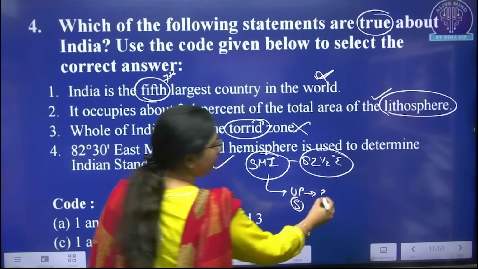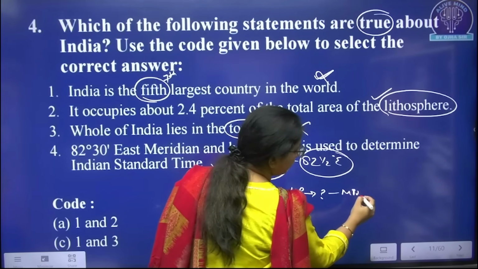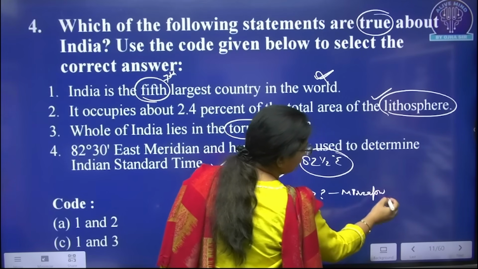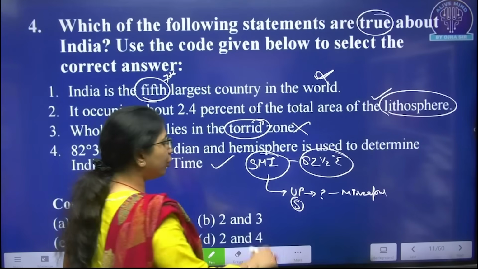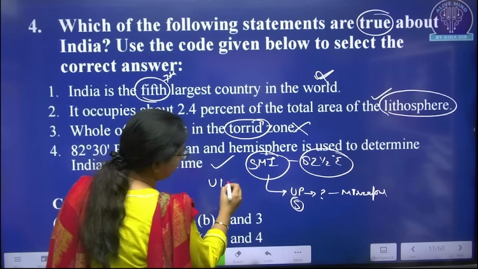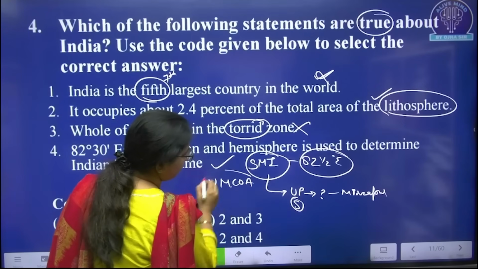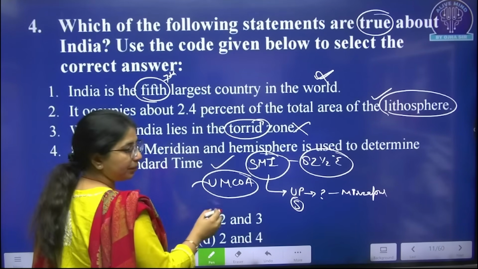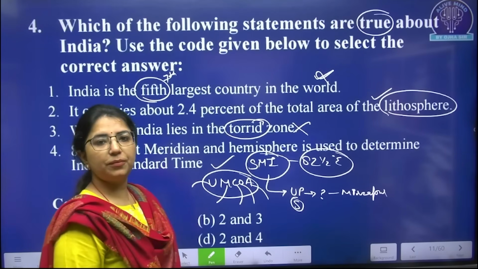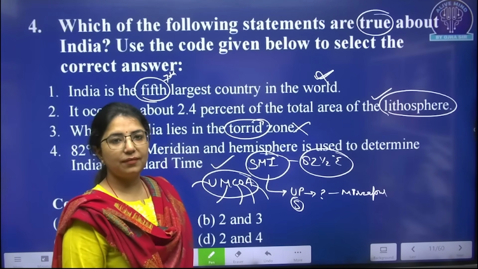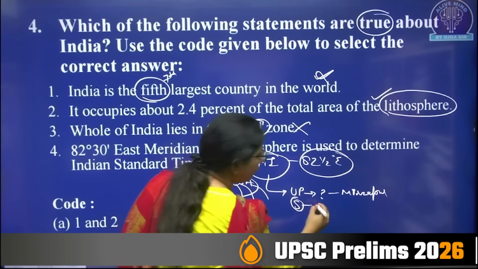Like in UP, Mirzapur. If I ask you how many states it crosses, the mnemonic for it is Umkoa: UP, MP, Chhattisgarh, Odisha and Andhra Pradesh. 5 states.